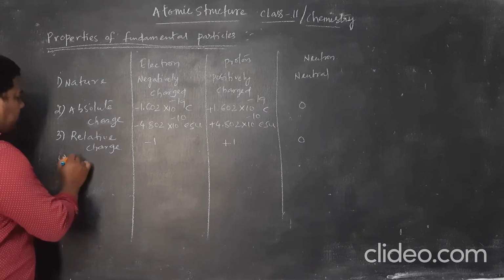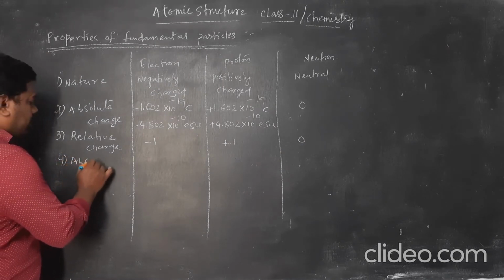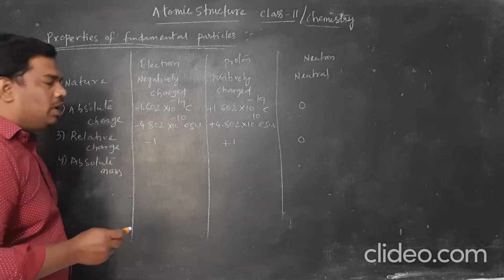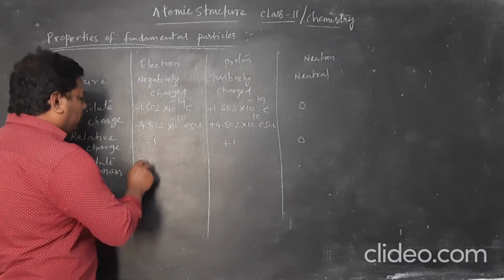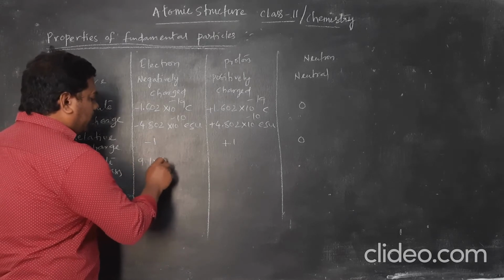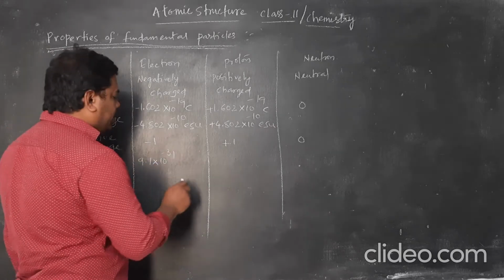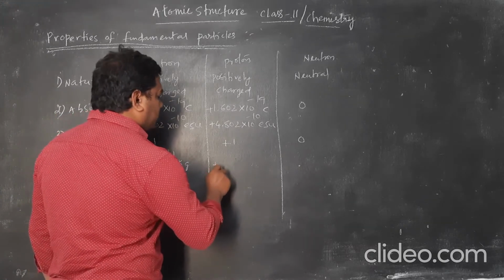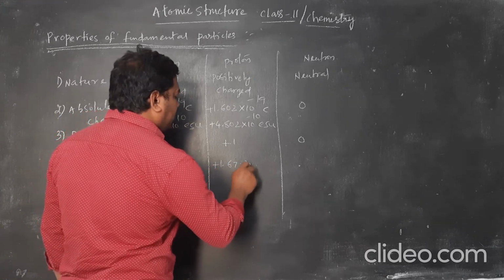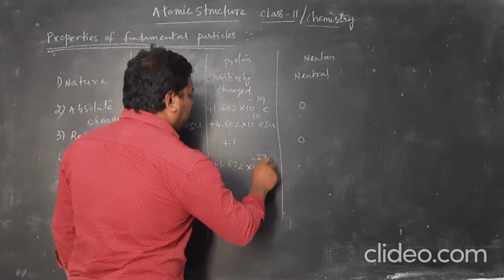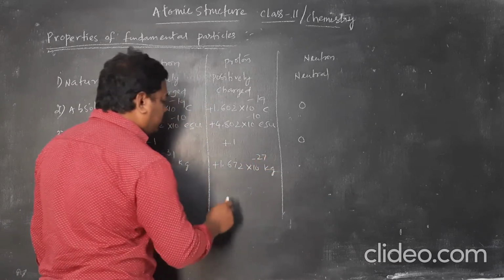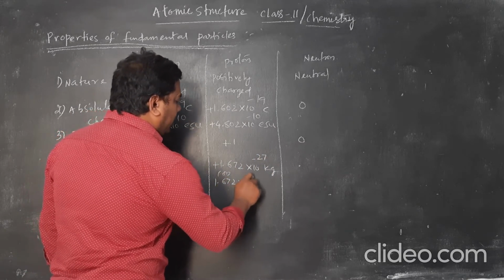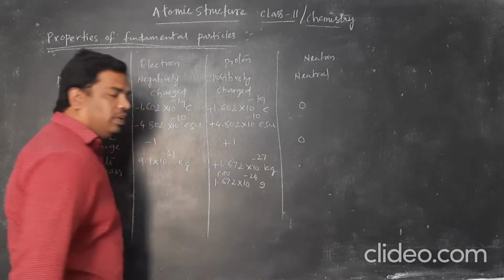The fourth one is absolute mass. The mass of an electron is equal to 9.1 into 10 to the power of minus 31 kilogram. For proton it is 1.672 into 10 to the power of minus 27 kilograms, or 1.672 into 10 to the power of minus 24 grams.